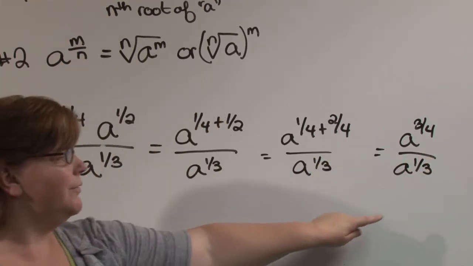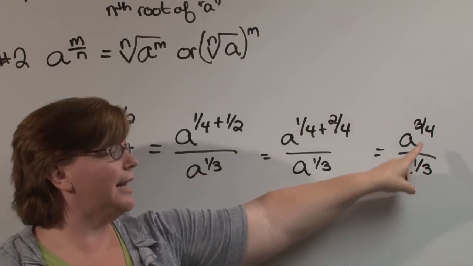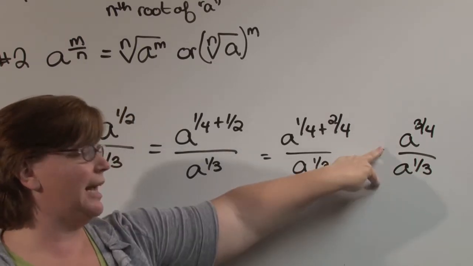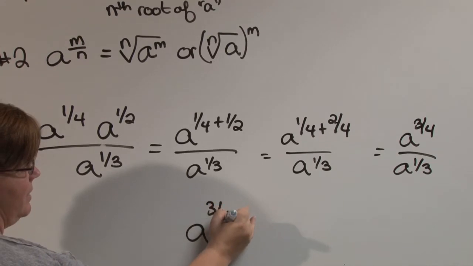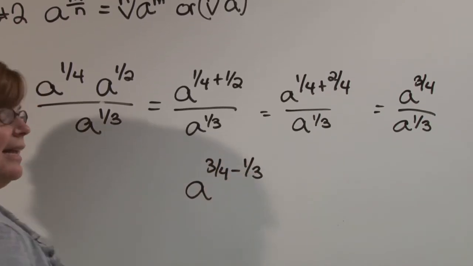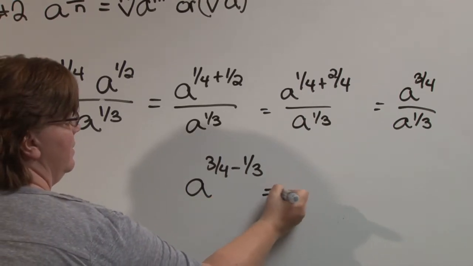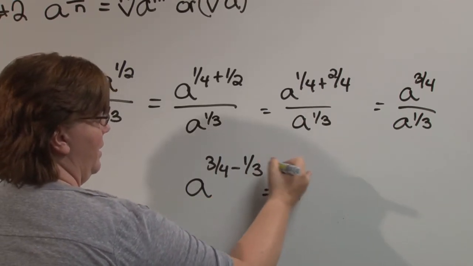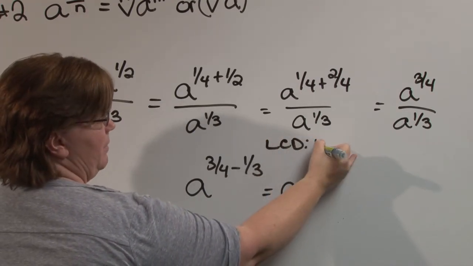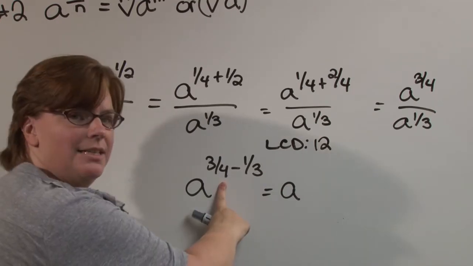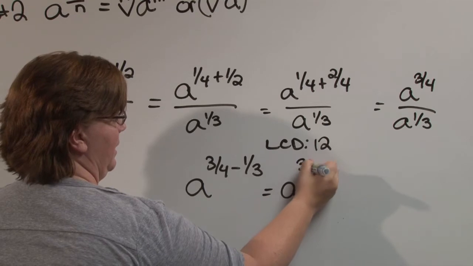Now I'm finally left with a rational expression with rational exponents, and I can actually subtract these 2 because I have that same base. So I will have a to the 3/4 minus 1/3. Again, we need a common denominator with our rules of fractions. Let's do it out together. Our lowest common denominator is going to be 12. This fraction needs a 3 multiplied to it, top and bottom, to make it have that common denominator.